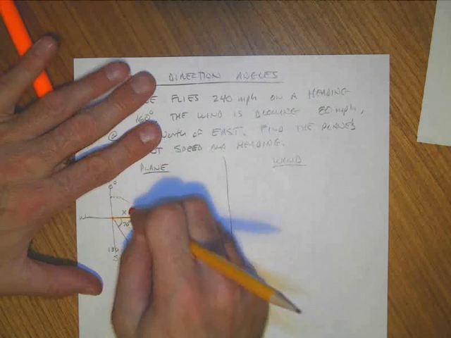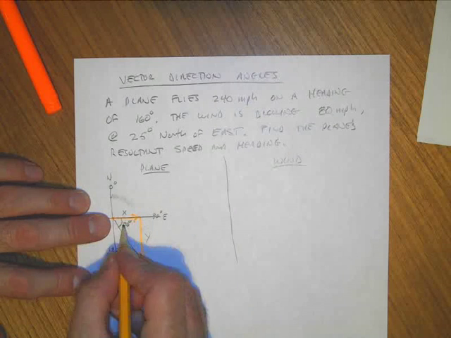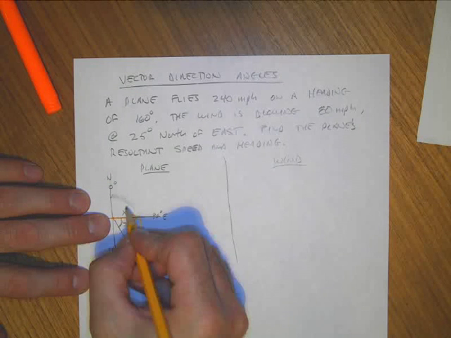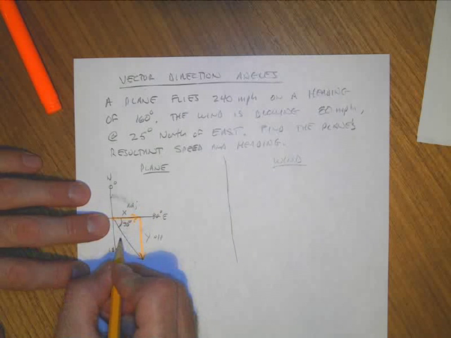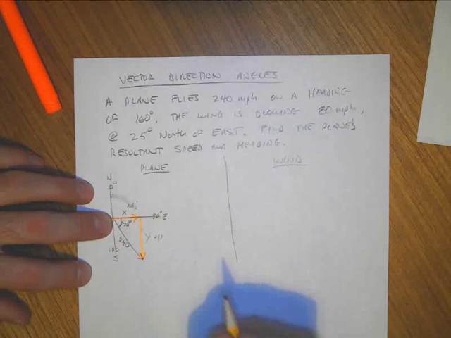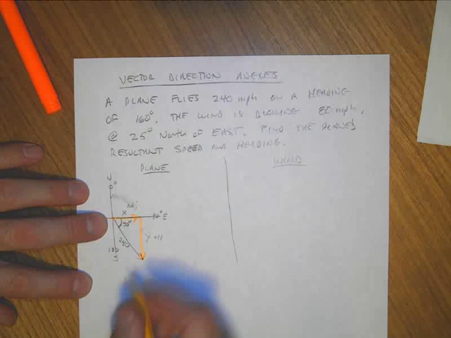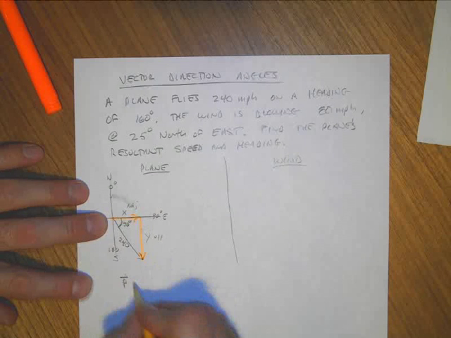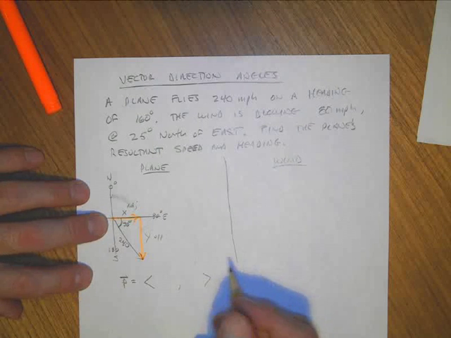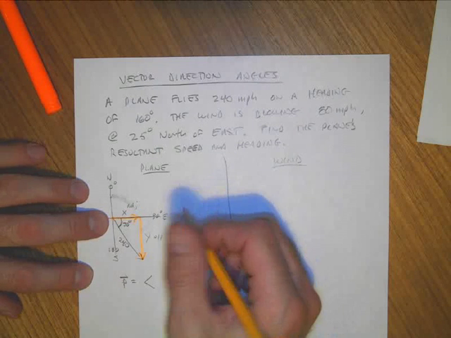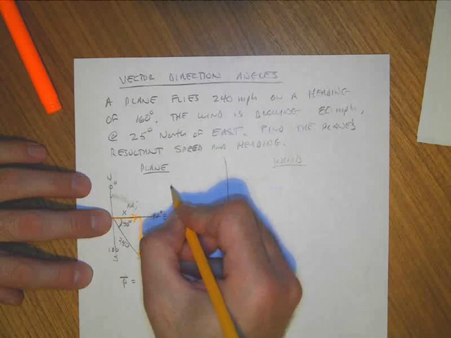So I'm going to clean up my drawing here a little bit. So now we know 70 degrees, opposite, adjacent, and hypotenuse is 240. So let's break the plane down. We'll call the plane the p vector, and we want to find the x and the y components. All right, so for the x, adjacent over hypotenuse is going to be cosine.